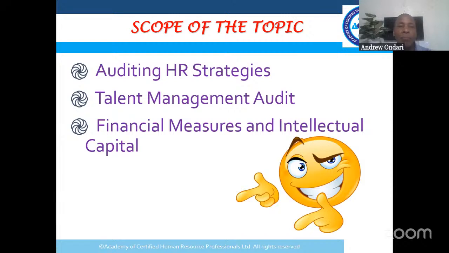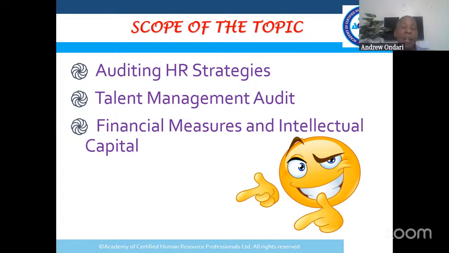In this subheading of HR strategies, I've subdivided into three, which I will show shortly. And then the second part of it is talent management, where we are looking at three key aspects again, which involves talent acquisition, talent retention, and talent development.